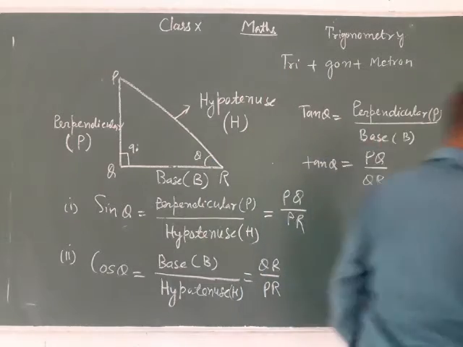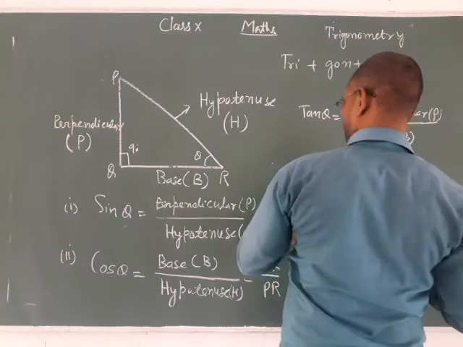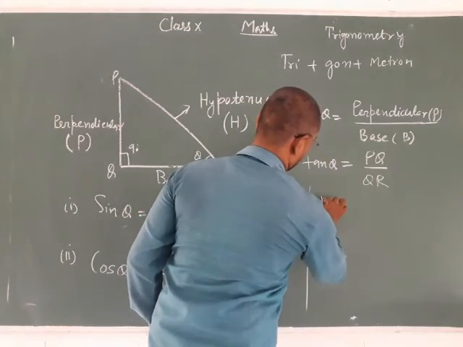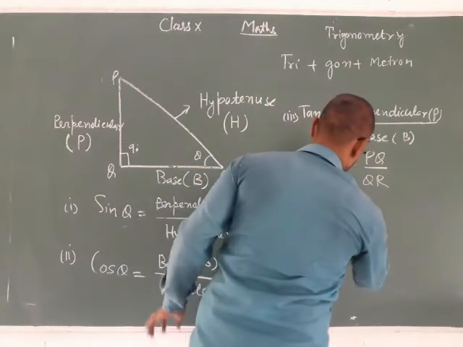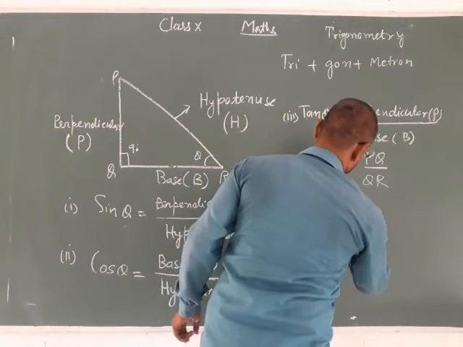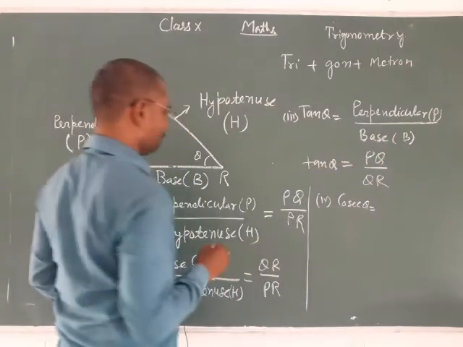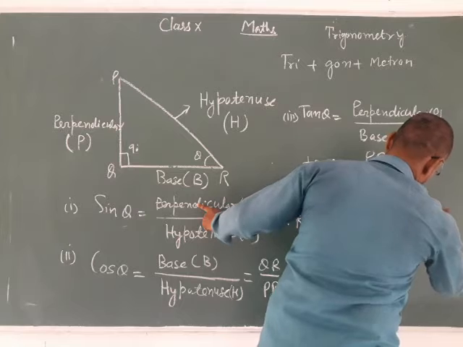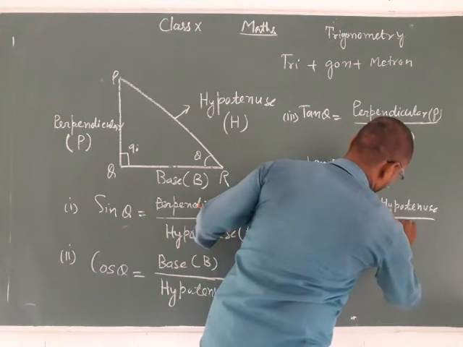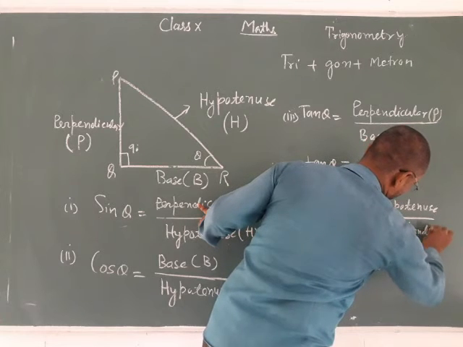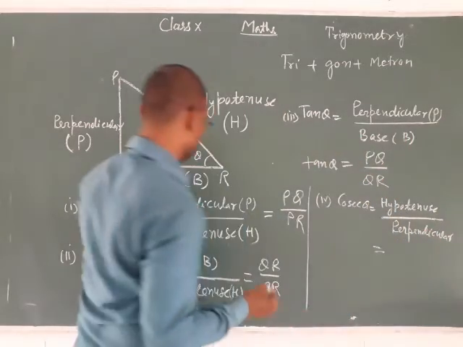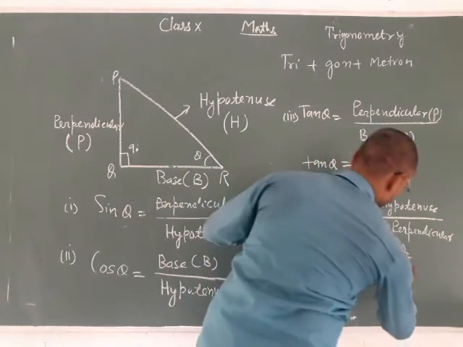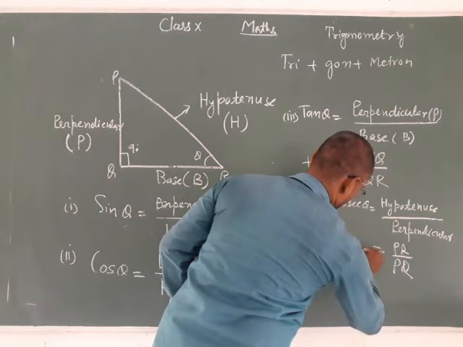In the same way, the fourth ratio is the opposite of sin: cosec theta is equal to hypotenuse upon perpendicular, which is PR upon PQ.